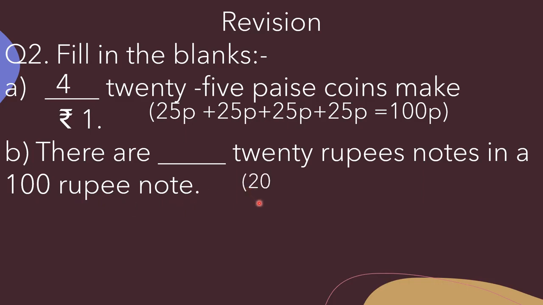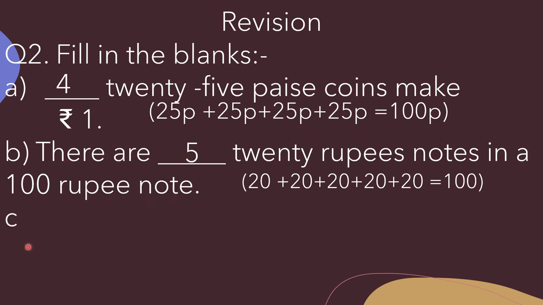Okay, so 20 plus 20, 40, 40 plus 20, 60, 60 plus 20, 80, 80 plus 20, 100. So how many times we have added 20 here? 1, 2, 3, 4, 5. 5 times. So here we will write 5. So there are 5 20 rupees notes in a 100 rupee note.